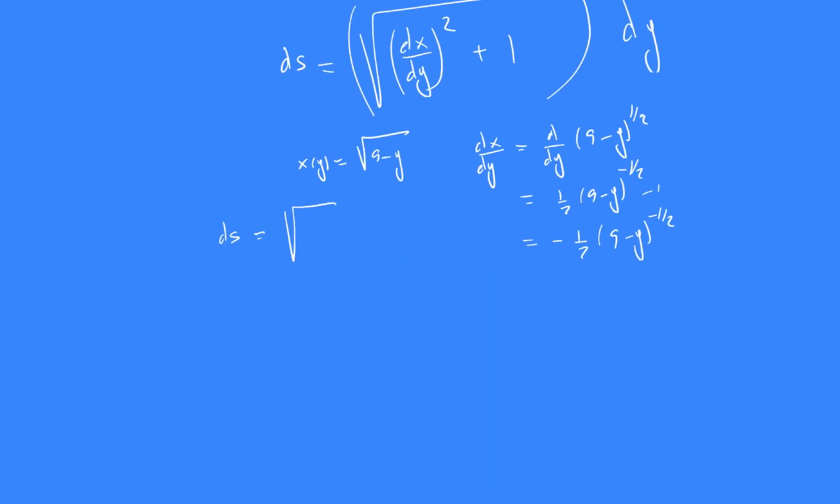So the derivative of x with respect to y, squared, plus 1 is 1/4 times 1 over (9 minus y), plus 1.